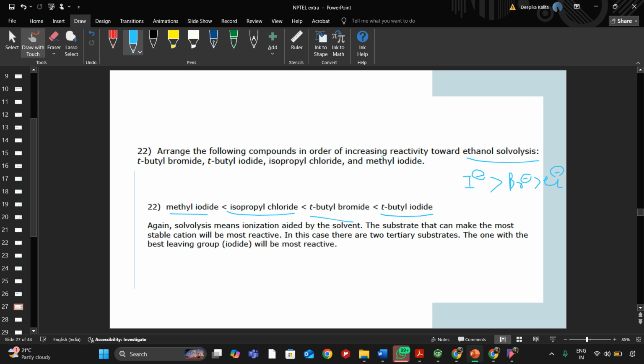Always go for the more stable carbocation concept first and then apply the leaving group ability. This is why isopropyl chloride will be better than methyl iodide, because isopropyl carbocation is more stable due to the presence of two methyl donating groups at the carbocation center. Okay, I hope this question is clear to you.